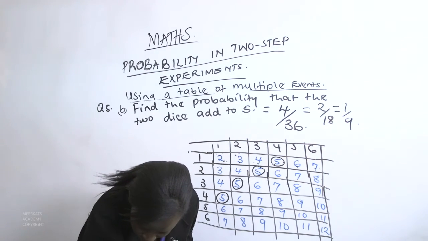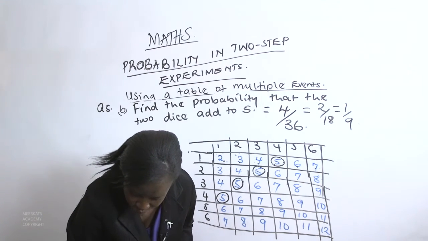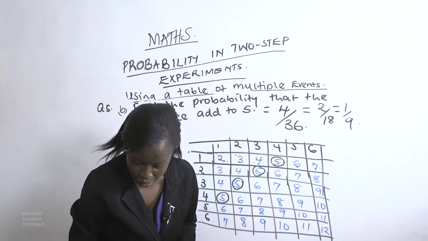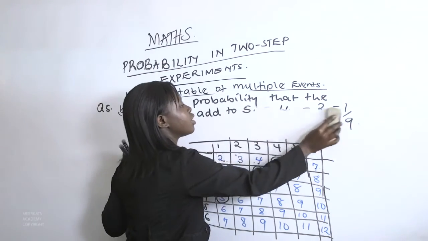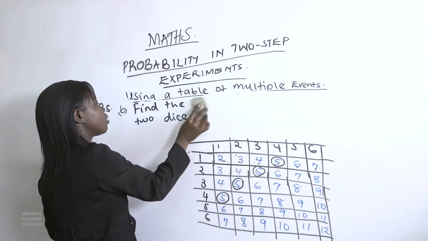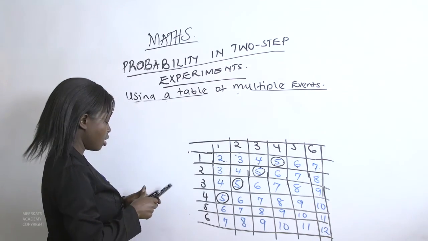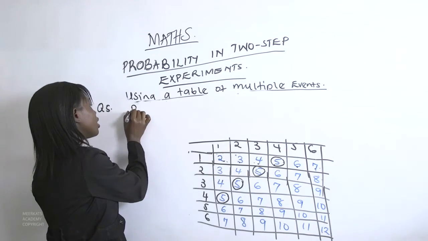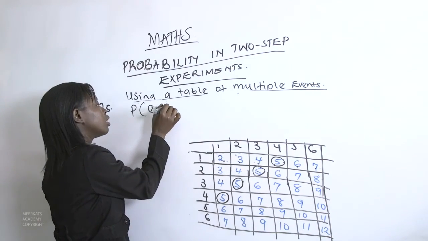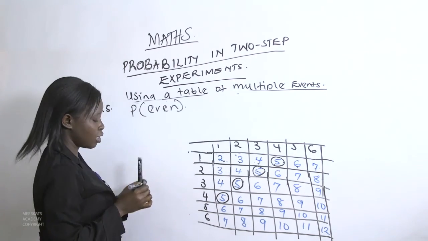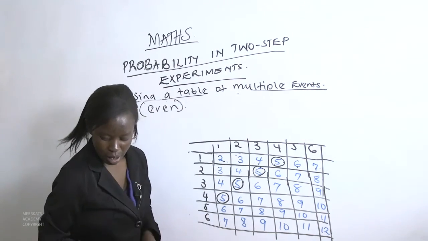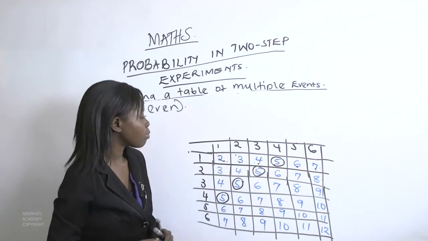Next is find the probability that the two dice add up to an even number. So probability of even. We find the even numbers in our sample space.